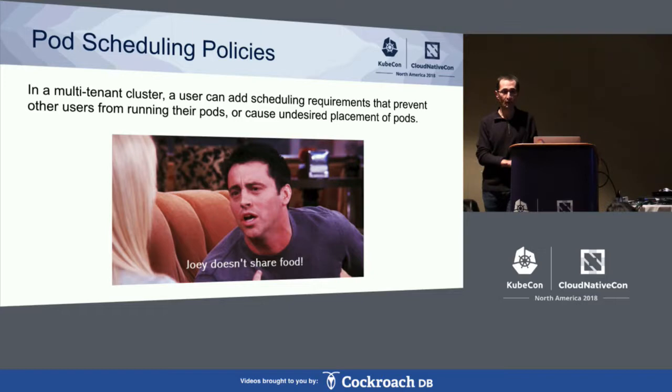For example, if someone puts a very broad anti-affinity on their pods, let's say anti-affinity to almost any other pod in the cluster, or anti-affinity to any other pod in the same zone, and they get lucky, let's say, that their pod is created first in that zone and is scheduled in that zone, that pod will prevent any other pod in the cluster from getting scheduled there. This is an example of a problem with anti-affinity.